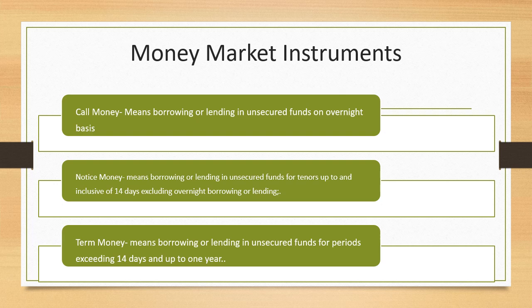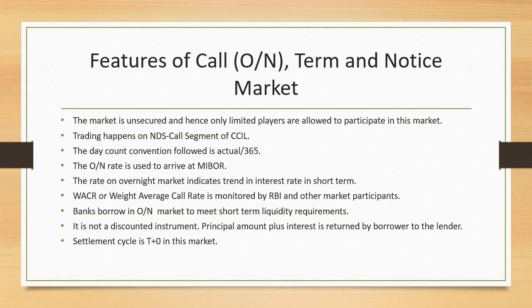Let us move further and look at the features of the call money, term money and notice money market. As I have already told you, this is an unsecured market, so there is no collateral backing it. Repo is a secured borrowing because in repo transactions you have collateral, but here there is no collateral. So this is a market without collateral, and hence only limited players are allowed to participate.